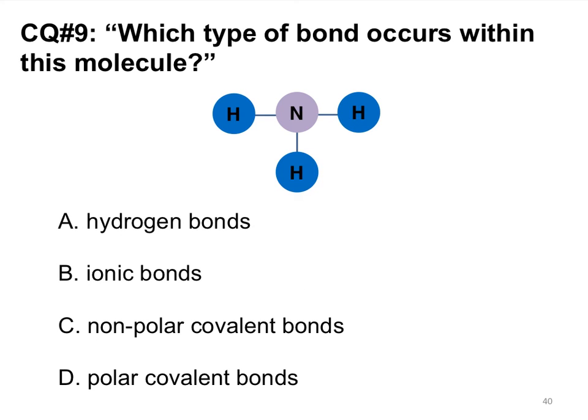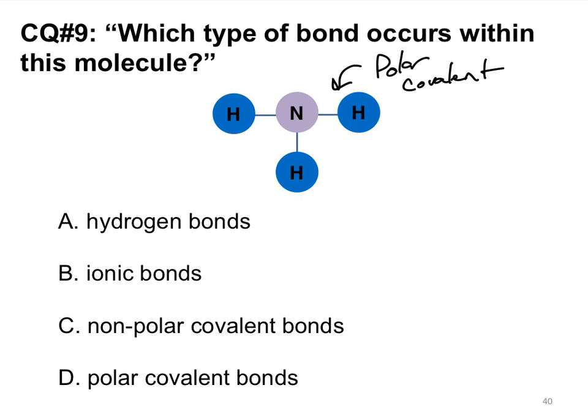Which type of bond occurs within this molecule? This is between nitrogen and hydrogen. All right, so what's happening here? Hopefully you're telling me that each one of these is a polar covalent bond. There are 3 bonds, yes, but it's complicated.